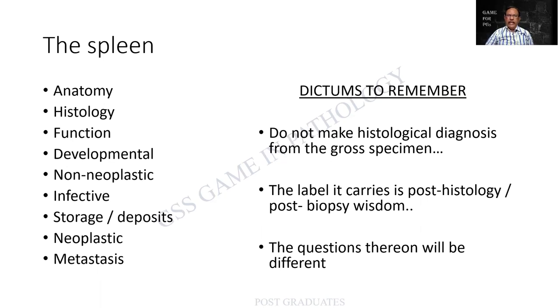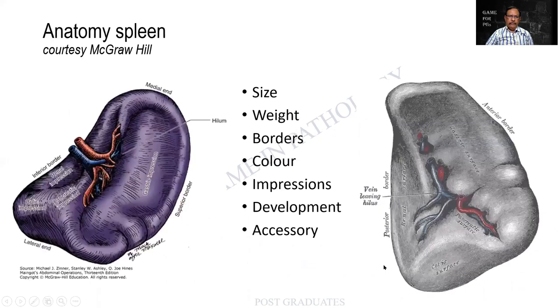Sometimes there might be a tag attached to a wet specimen, or there will be a label to the mounted specimen. Please do not go by it. Once we identify the organ or the lesion, the questions thereon will be different. So please do have these dictums in mind.